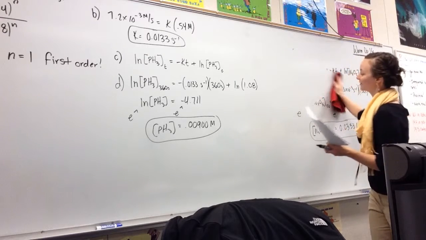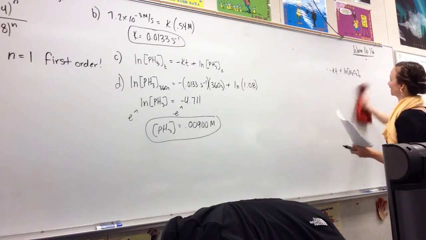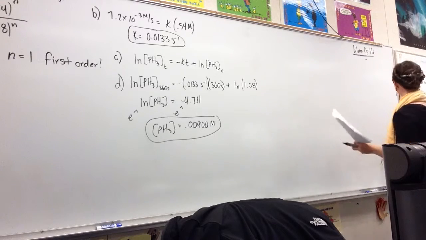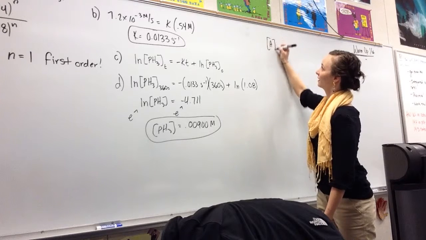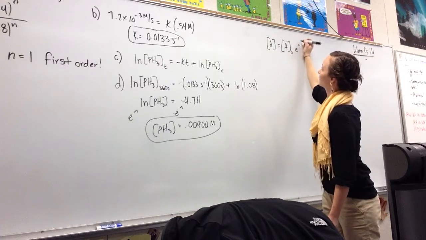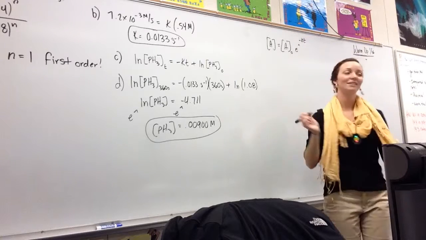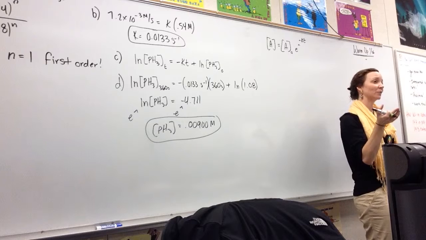Okay, so you could have done it that way, or there's another way you could have done it. Do you guys remember this form of the equation that I showed you? Okay? You can plug it into that form of the equation, and it kind of simplifies it down to one step.